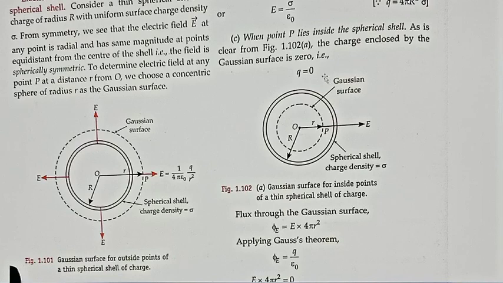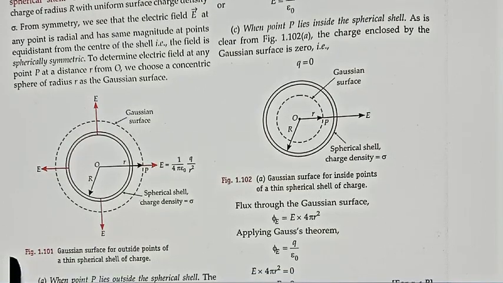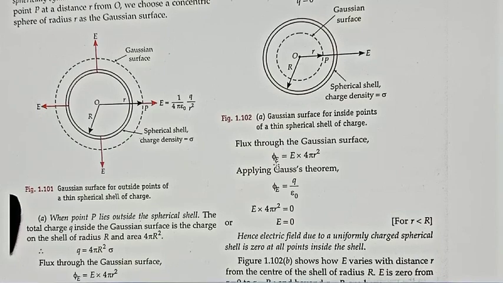Third case is when P lies inside the spherical cell. Now you can see P is here. So you imagine the Gaussian surface through that point P. The radius of the Gaussian surface is smaller. Radius of the original spherical cell is capital R. Fine. So again here let us see the flux through the Gaussian surface. Phi is equal to E into 4 pi r square. Apply Gauss theorem. Phi is equal to Q by epsilon naught. It is a Gauss theorem. So if you apply this, total flux E into 4 pi r square is equal to Q by epsilon naught.